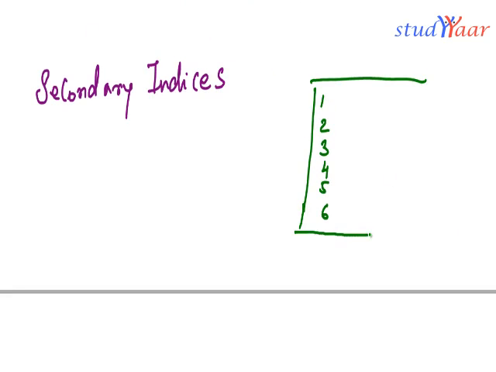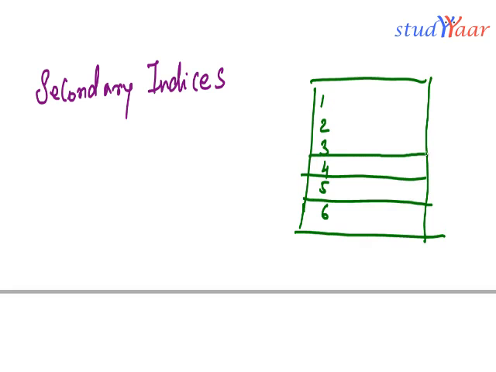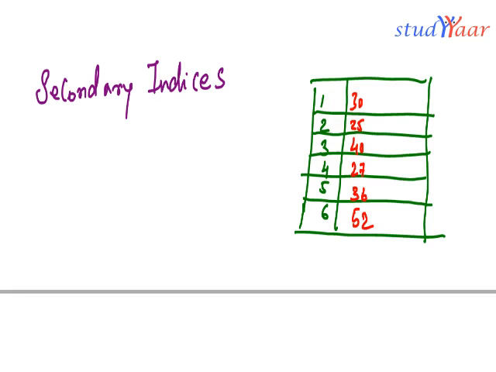Okay, this is my table which is arranged with respect to the employee ID of the employees. Okay, and I have their ages, say 30, 25, 40, 27, 36, 52, and we have other attributes.